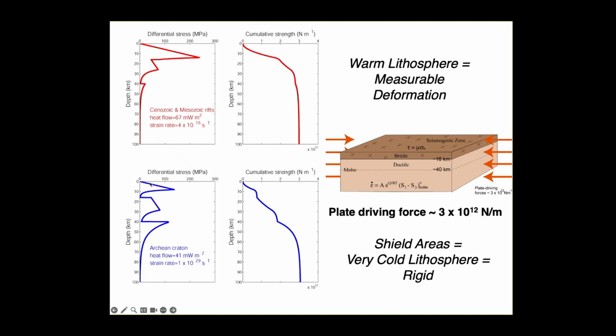Whereas for the Archean craton, there's strength at several levels: in the upper crust, in the middle and lower crust, and in the upper mantle. So we see cumulative strength profiles like that. Warm lithosphere, these are regions that will have measurable deformation as a rule. Shield areas, very cold lithosphere, these are rigid.